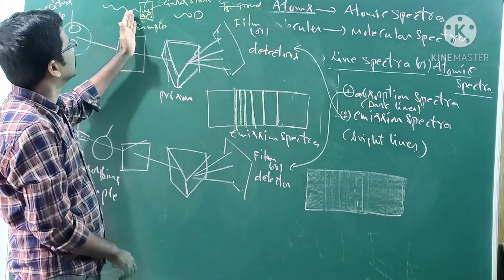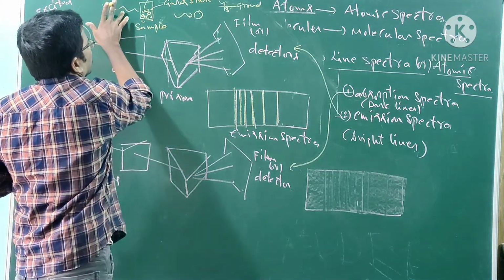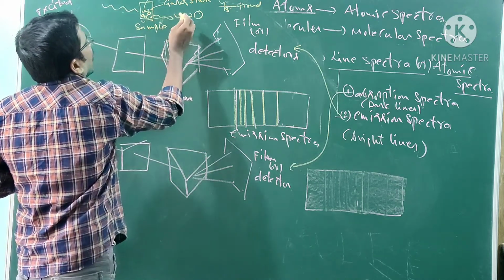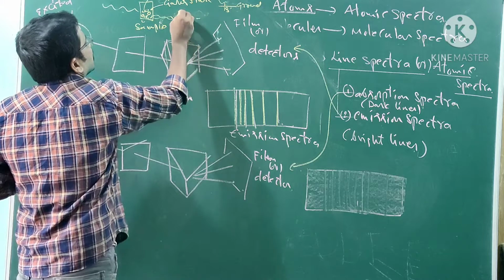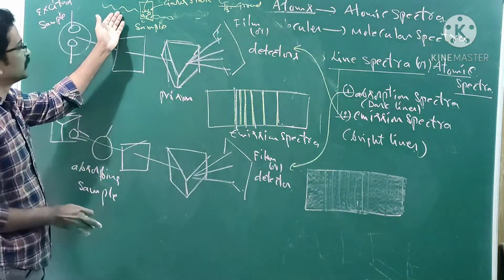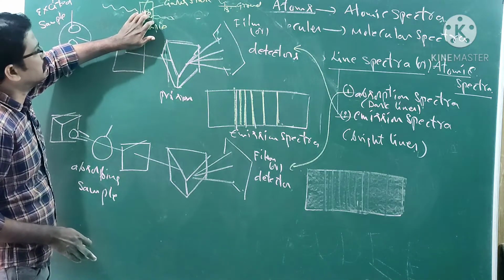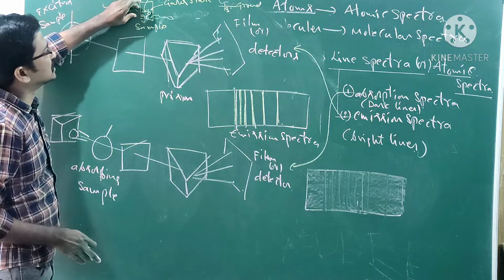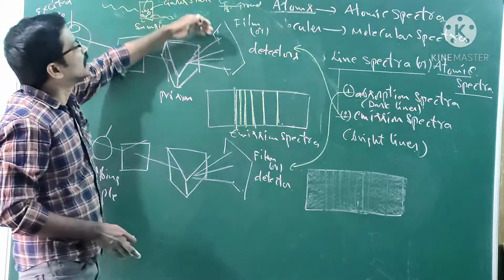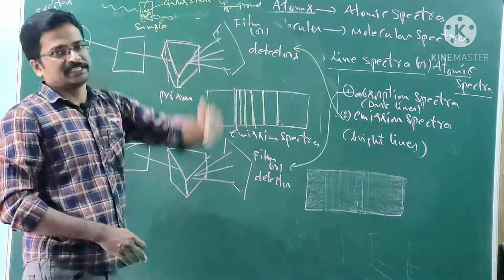So some energy is missing. Whenever electromagnetic radiation falls on a sample, the outgoing radiation has lesser energy than the incoming radiation, because the atoms in gaseous state absorbed some of the energies, which is utilized for the jump from the lower energy state to the higher energy state.